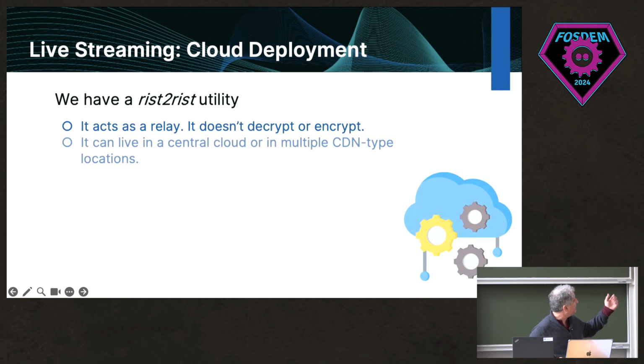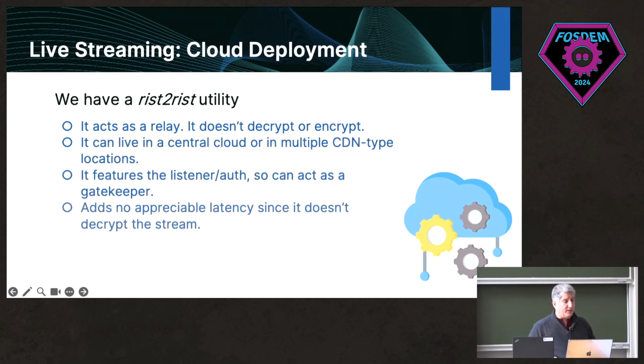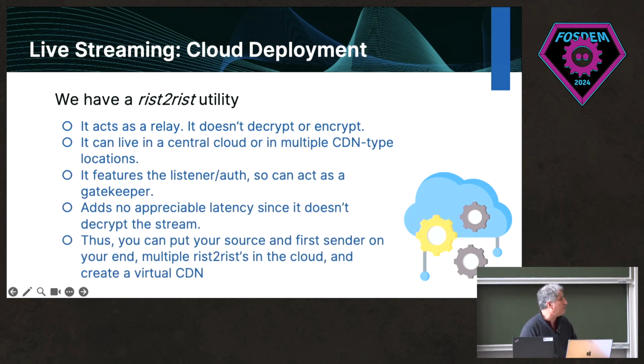So how do you do this from a practical point of view? The libRIST package includes some command line utilities that allow you to send, receive, and relay. The ristrelay tool is the one, if you want to do a relay application one-to-many, this is the ideal scenario. You can also do it with a RIST sender, to be honest, but the relay is effective because it acts as a relay, doesn't encrypt or decrypt, it doesn't do anything but receive data and send data, both in the RIST format, right?